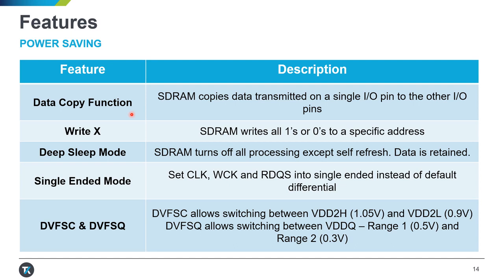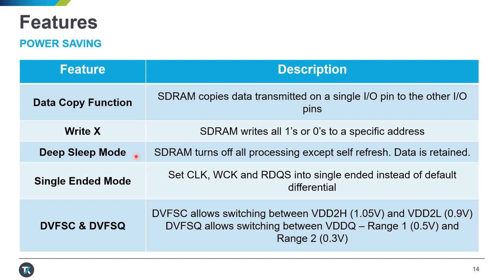When a controller issues a DCF, it will only transmit data on one pin instead of all the DQ pins. Now SDRAM will copy data transmitted on this single pin to all the other IO pins. For the write-x function, SDRAM will write zeros or ones to a specific memory address. The SoC again does not need to send in zeros or ones.